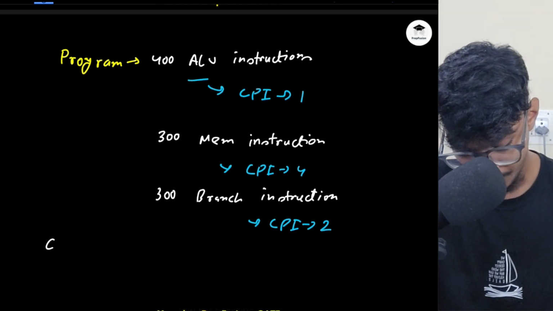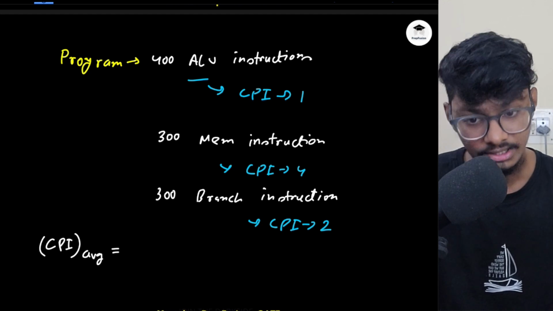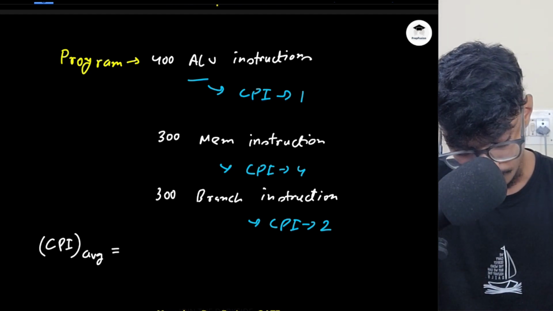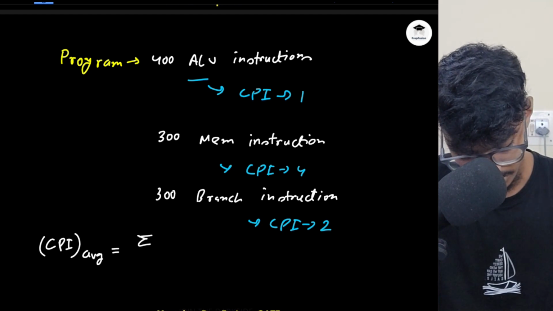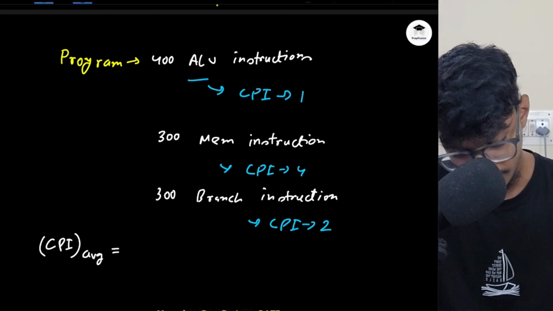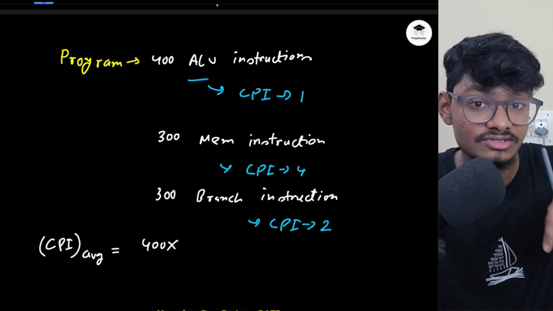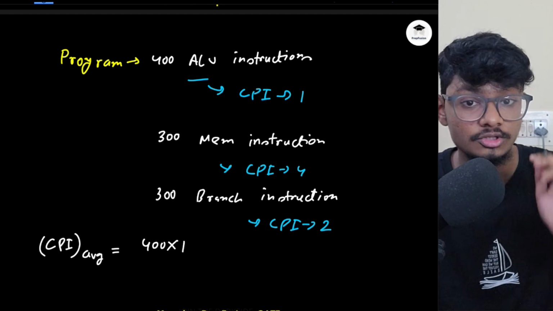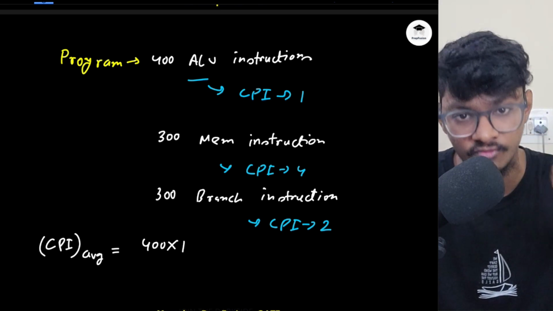Basically, CPI average will be the sum of the weighted average of each CPI. I don't want to tell you the formula, I want to write it directly. So I have 400 ALU instructions times its own CPI, that is 1. So total 400 ALU instructions will take how many cycles? 400.